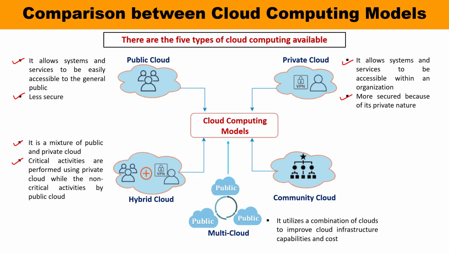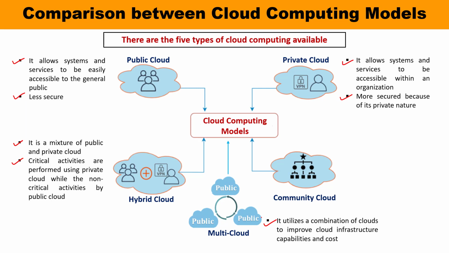Next is multi-cloud. From the name itself, it is clear that multi-cloud is a combination of two or more public clouds, two or more private clouds, or a combination of public, private, or edge cloud. But in most cases, it's a combination of public clouds itself.